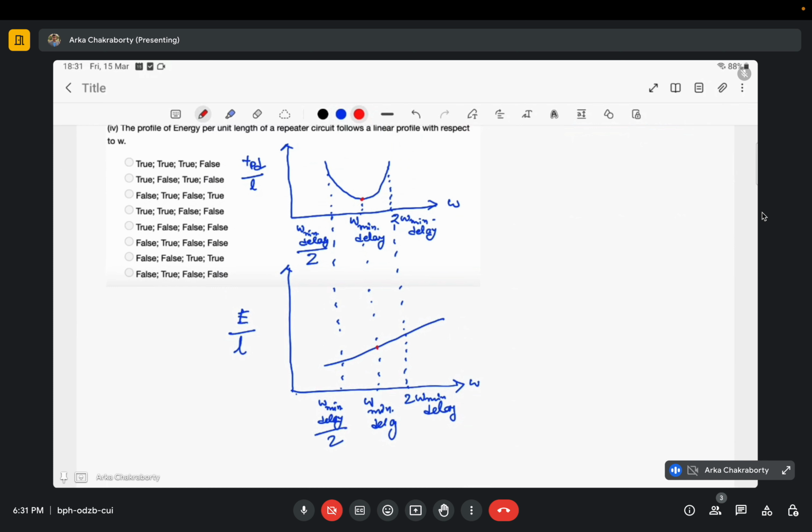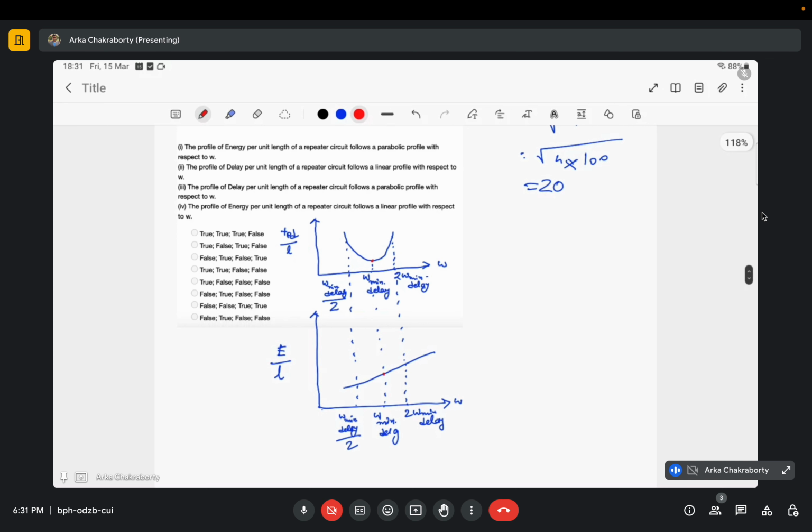Or there could be a third trade-off, where I find a point that is neither completely optimized for delay nor completely optimized for energy. It is somewhere in between, and we can use other parameters such as the energy delay product to find that point. So you can see the profile of delay is parabolic, and the profile for energy per unit length versus width is a straight line.